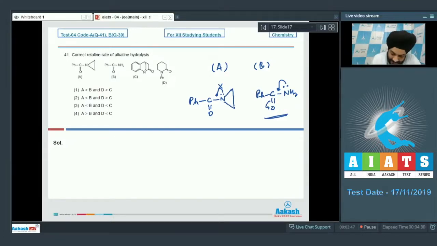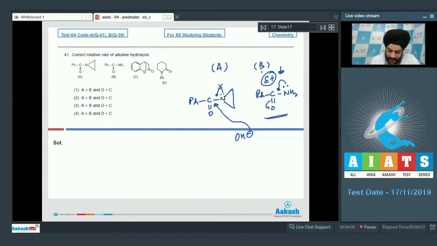So if we talk about the magnitude of charge, if we call it delta positive, this delta positive will decrease over this carbon. And so if we talk about the relative rate of hydrolysis in the alkaline medium, the OH minus will prefer to attack this carbon as there is no resonance with the lone pair of nitrogen happening in this case.